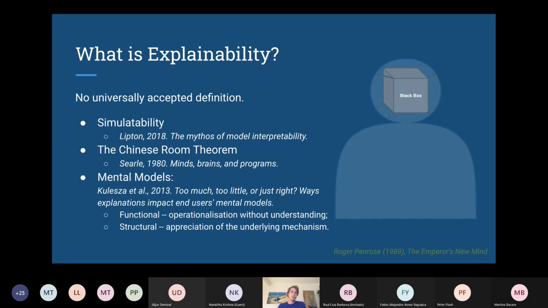There are counter-arguments to this proposition, and this is, for example, Searle's Chinese room theorem. And the idea behind the Chinese room theorem is that you close a person in a room, and this person does not speak Chinese whatsoever. But in that room, there are books that would allow you to translate a note in English into Chinese without actually understanding the language. So rules, dictionaries to transform English into Chinese.